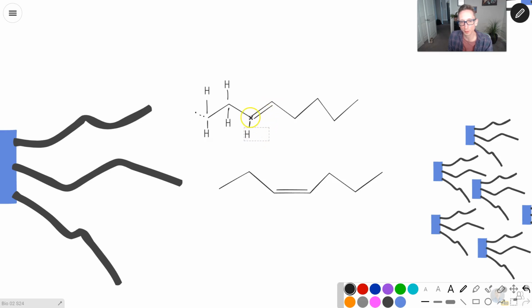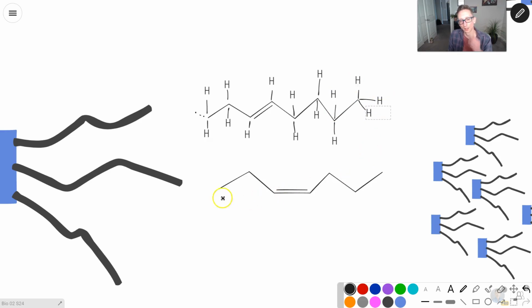So this carbon would be bound to 1, 2, 3, 4 things. Same thing for this one. It's only going to have one hydrogen. And so it's not a saturated fat because it's not saturated with hydrogens. See what we're talking about here? Okay. Continue that out. Beautiful. And then this one is going to have 3.